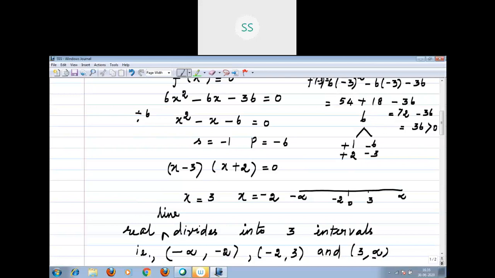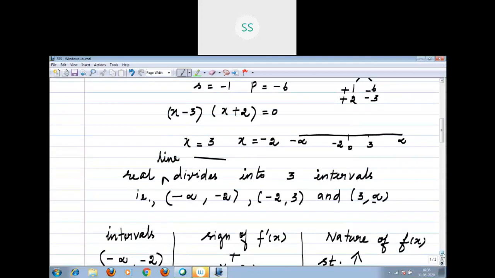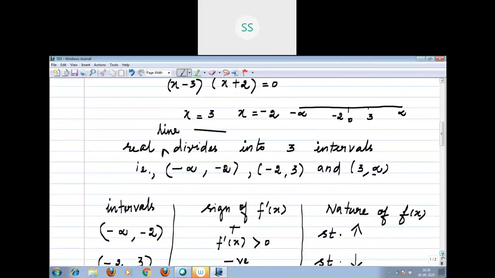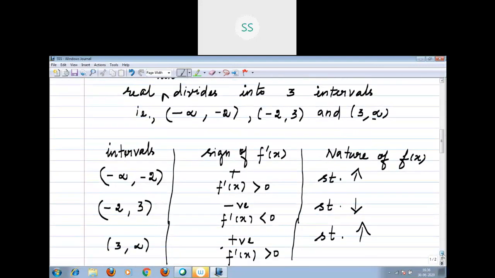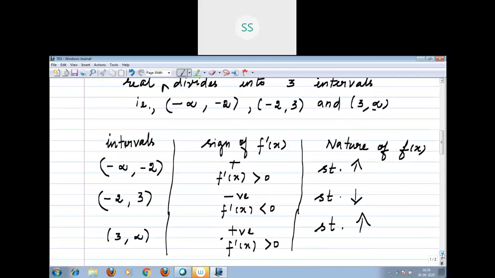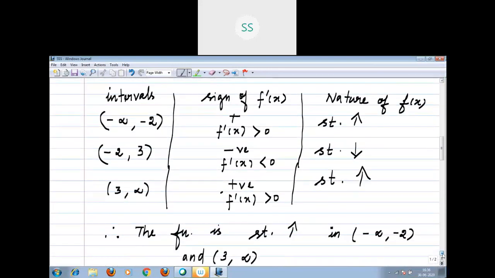For minus infinity to minus 2, I showed an example and gave an explanation of how it is strictly increasing. In the same way, for minus 2 to 3, I took 0 as the element and arrived at a negative value, so it is strictly decreasing. Next, for 3 to infinity, the function is strictly increasing, I said.